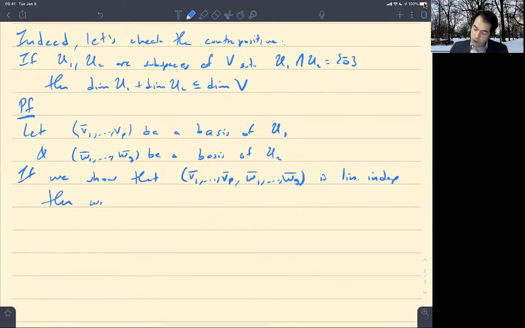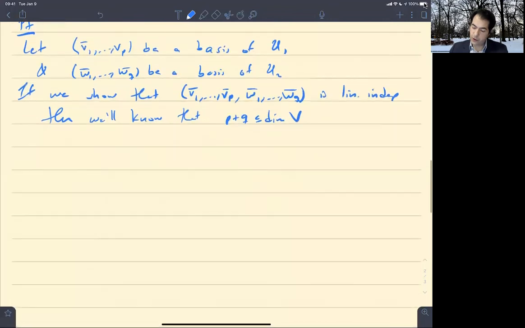Then we'll know that its size, P plus Q, is less than or equal to the dimension of V. Okay, and that's what we need to show. So let's check that this is linearly independent.